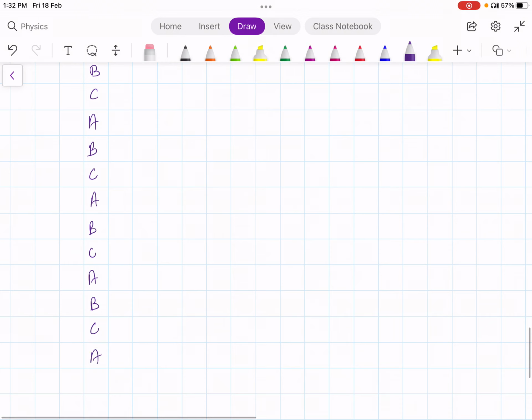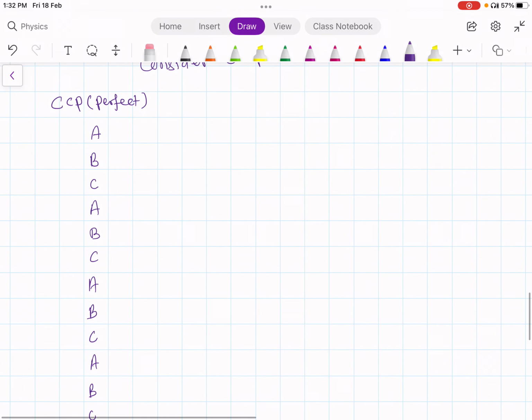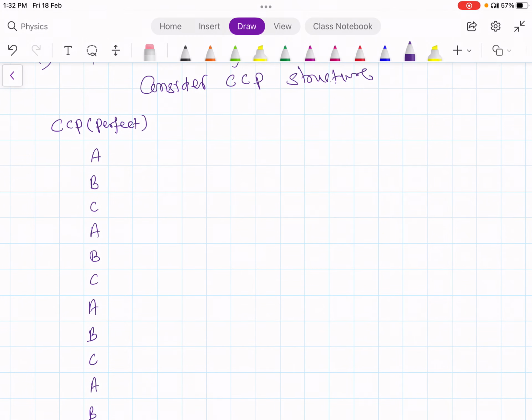Let me draw one more. A, B, C. So this is the sequence of a perfect CCP crystal. Now near to this, I will write the sequence of CCP with twin boundary.